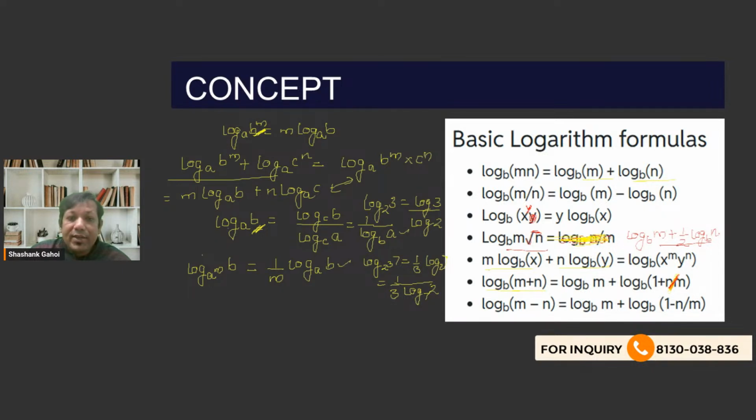So basically log 7 base 2, these two values are interchanged.